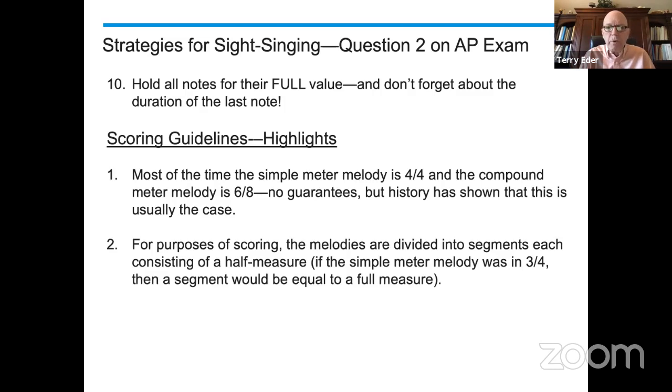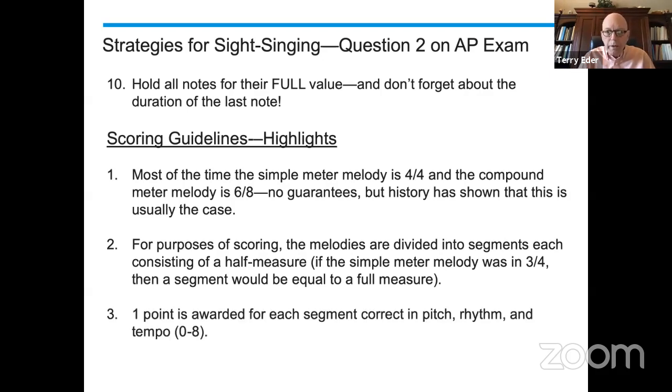All right. For purposes of scoring, the melodies are divided into segments, and each segment is 1/2 measure, a half measure. One thing, if it's not in 4/4, by the way, the simple meter melody could be in 3/4, and then this half measure segment becomes a full measure, because there would be 8 measures in 3/4, 4 measures in 4/4, and then a segment in 3/4 would be equal to a full measure, okay? 1 point is awarded for each segment which is correct in pitch, rhythm, and tempo.